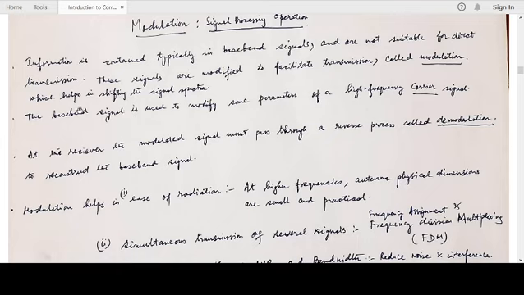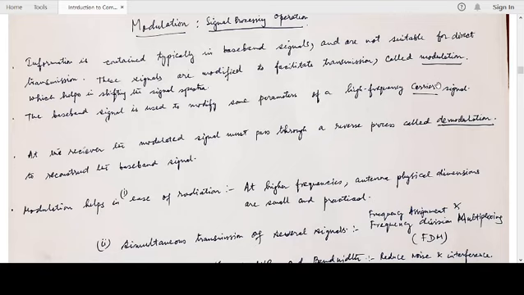The baseband signal contains information. The parameters we mean are the amplitude and/or frequency and/or phase of the high frequency signal, which is known as the carrier signal.